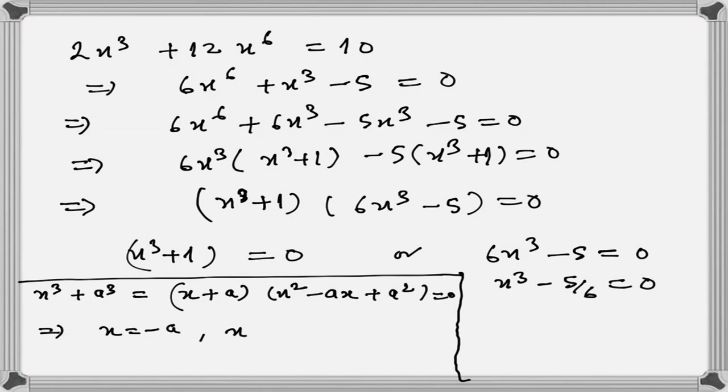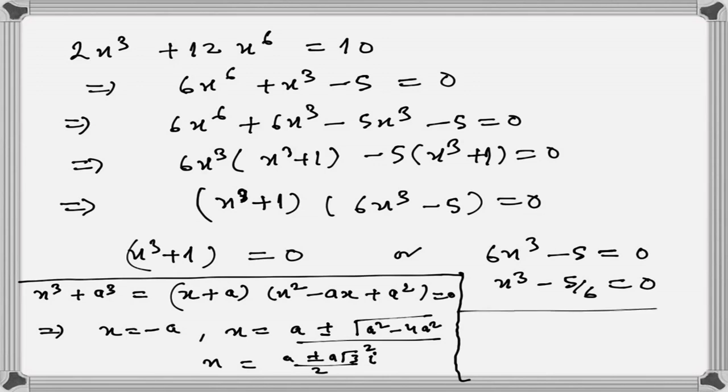For the quadratic equation we get x equals (a plus minus root of a square minus 4a square) divided by 2, which is nothing but (a plus minus a root 3 i) divided by 2.